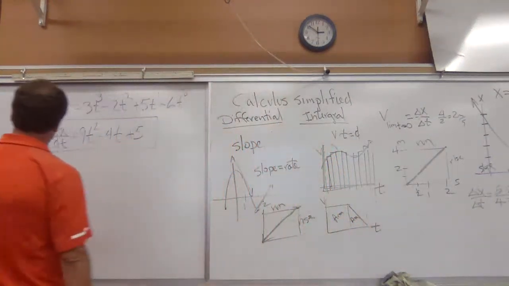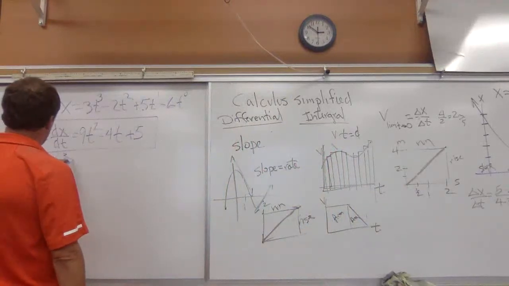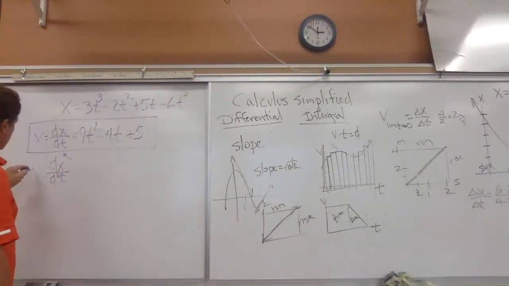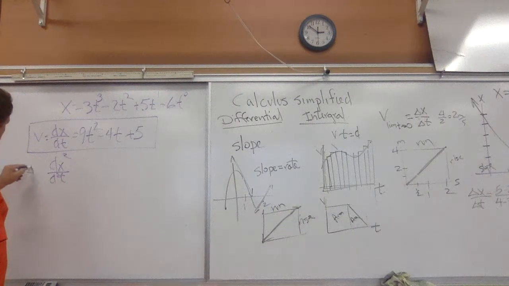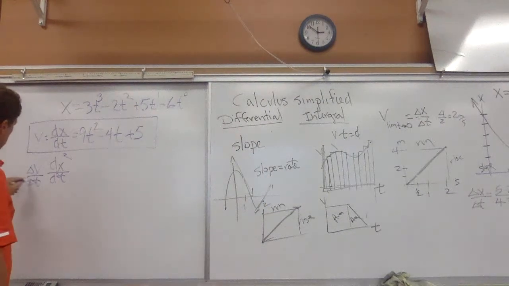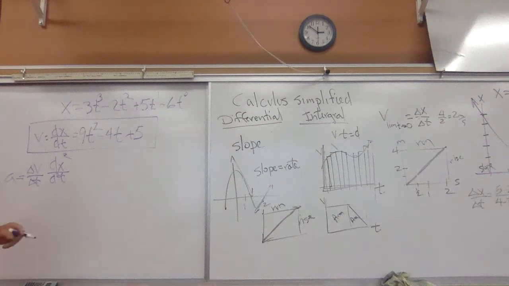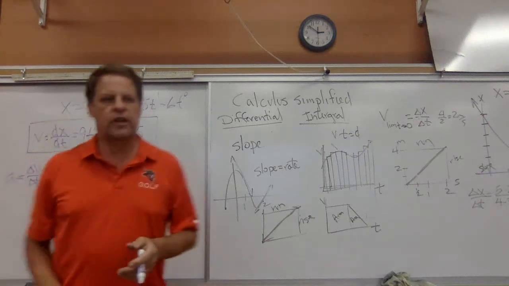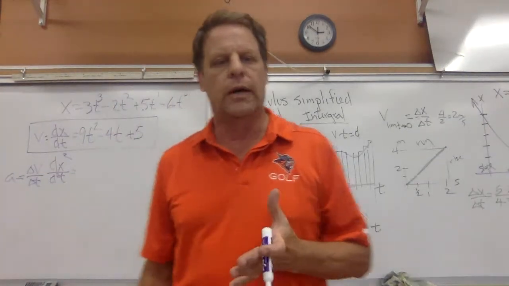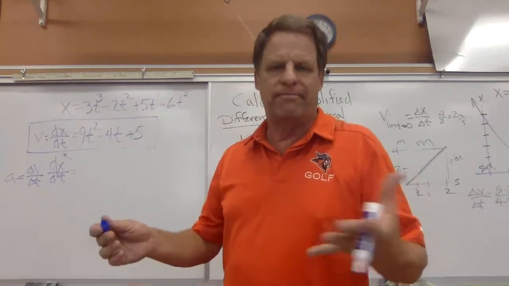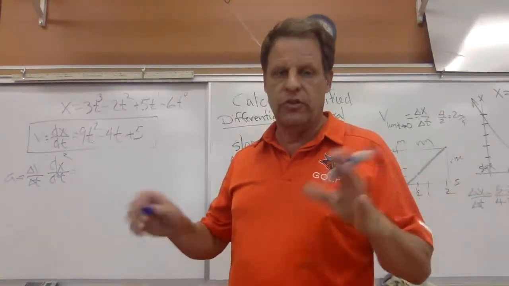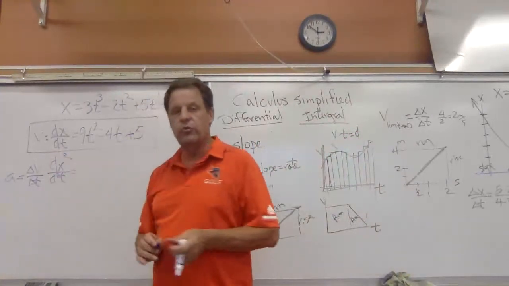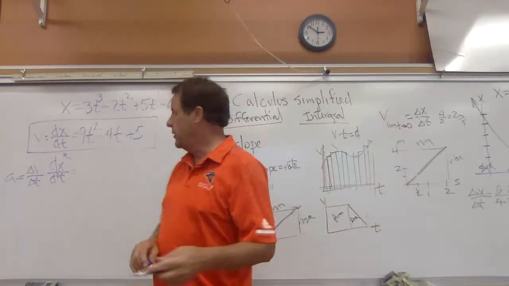So this would be d squared x over dt squared, the second derivative of position, which is equal to the change in velocity over the change in time, which is equal to acceleration. You guys, all this complicated stuff is just the way that it's stated, so don't stress out about that. You don't have to worry about this, but as you see it more and more, it'll become more familiar.